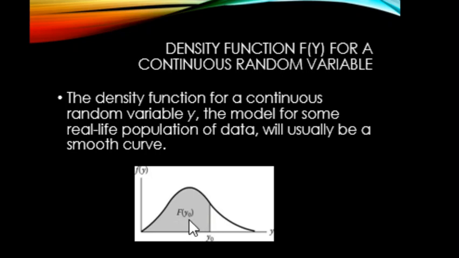Then what is the probability that y is less than or equal to 0? Then it will be this area under the curve. And how can we find this? We can integrate our function f of y from negative infinity up to this point y is 0. That's how we can find the probability up to this point y is 0. So it will give you a number between 0 and 1.